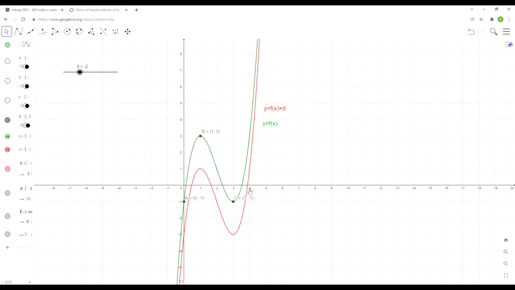And of course, the points where the curve cuts the x-axis also change because your curve is moving up and down. So again, it does pretty much what you would expect. If you add something on outside the function here, the curve moves up. If you add on a negative value, the curve moves down.